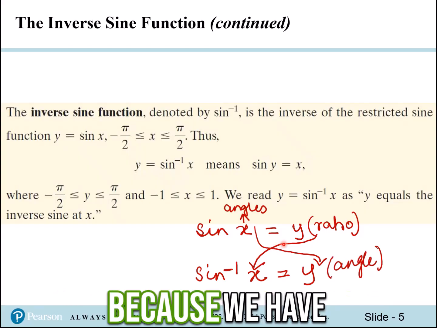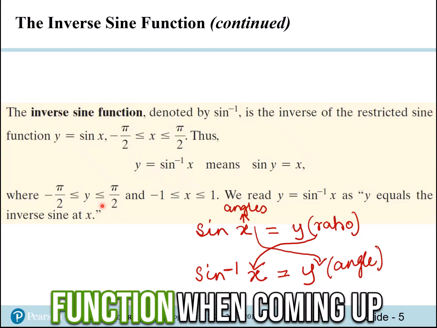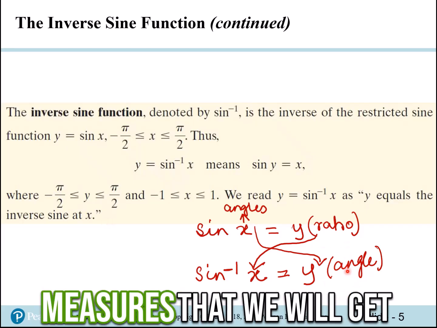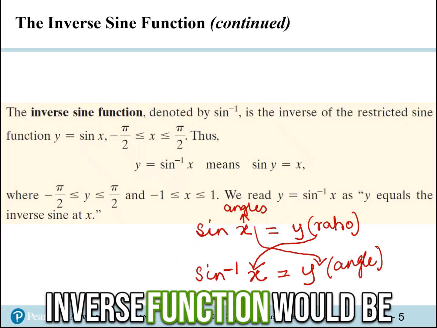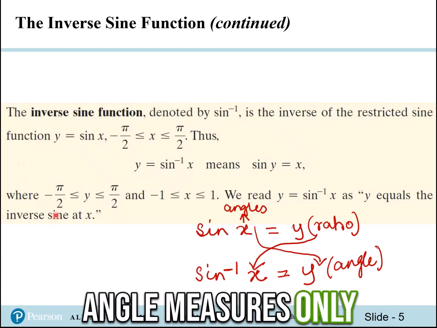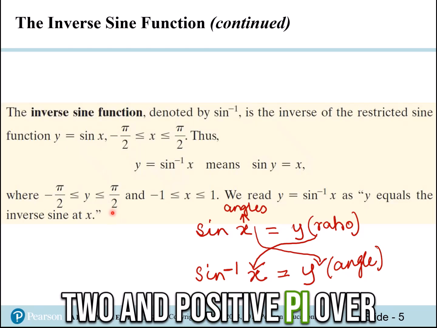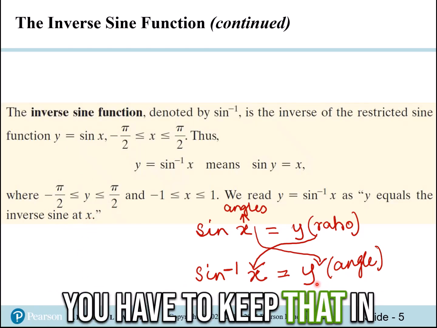All right. Because we have restricted the domain of the original function when coming up with the inverse function, the angle measures that we will get back from evaluating the inverse function would be angle measures only between negative pi over 2 and positive pi over 2 inclusive. So you have to keep that in mind.